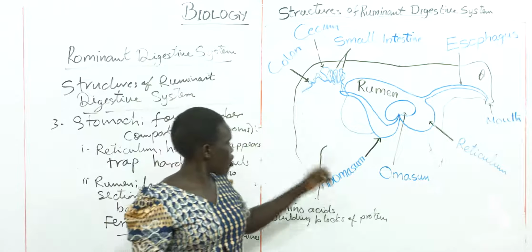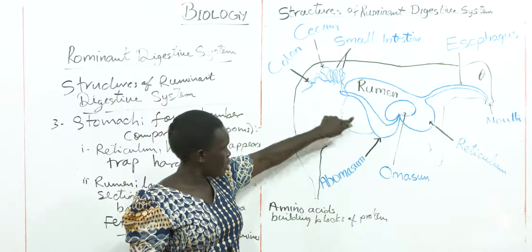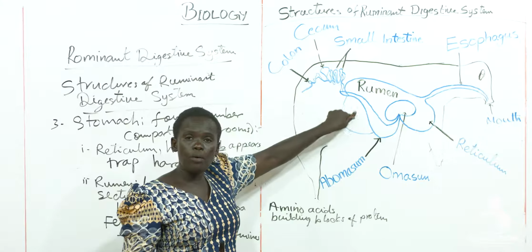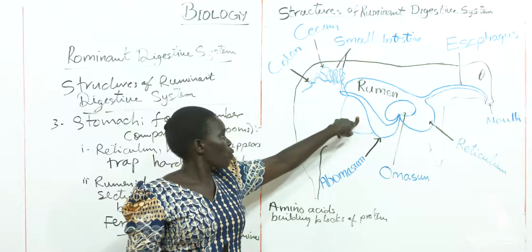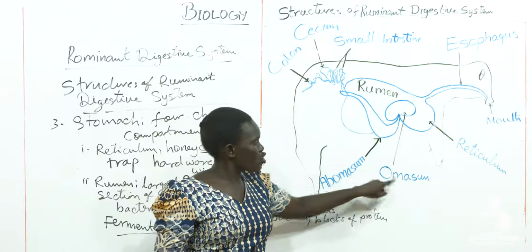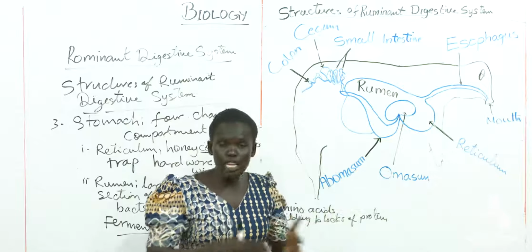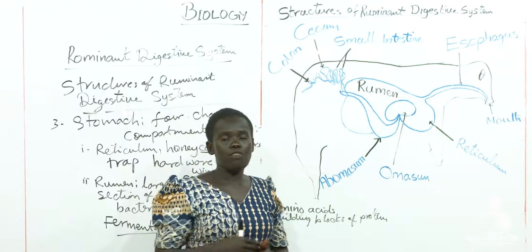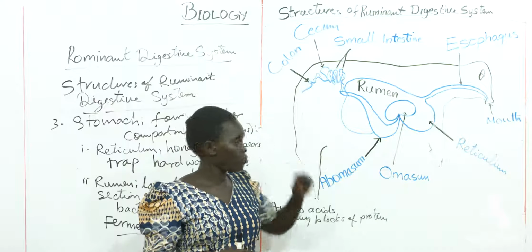Because in the fourth section of the stomach, the abomasum, this is the real stomach, where digestion will start taking place. So the food is prepared from here, from the third room, the omasum. In this omasum, grinding of food takes place. That means they are preparing that food for the enzymatic action.